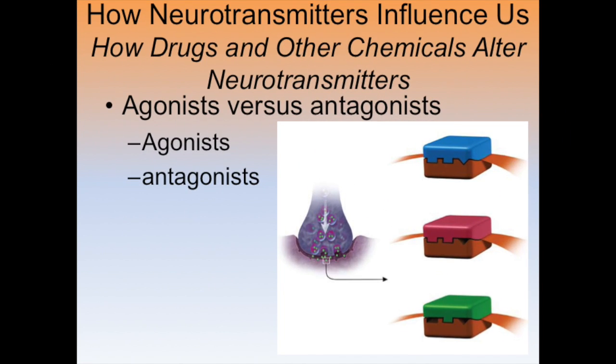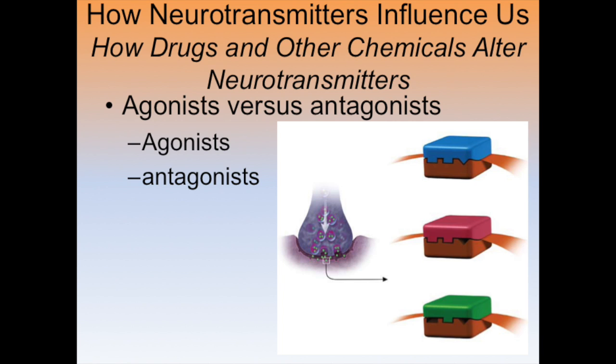Now, how the neurotransmitters influence us and how drugs and chemicals work on neurotransmitters has to do with whether or not the substance is an agonist or an antagonist. With agonists, the molecules may be similar enough to the neurotransmitter to bind to its receptor and mimic its effects, like morphine. Morphine mimics a neurotransmitter enough that it kind of tricks the nerve. Antagonists bind to receptors but block a neurotransmitter's functioning.